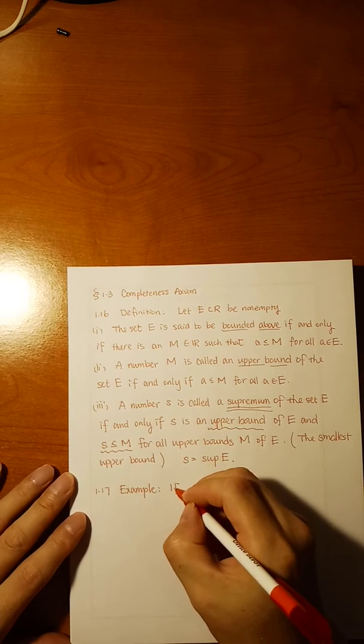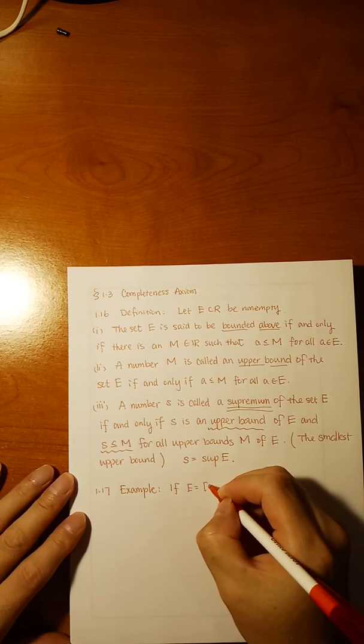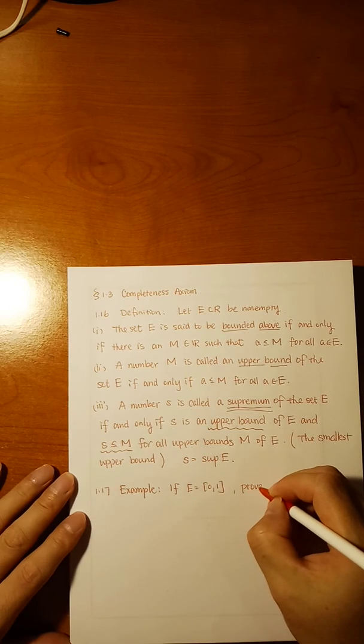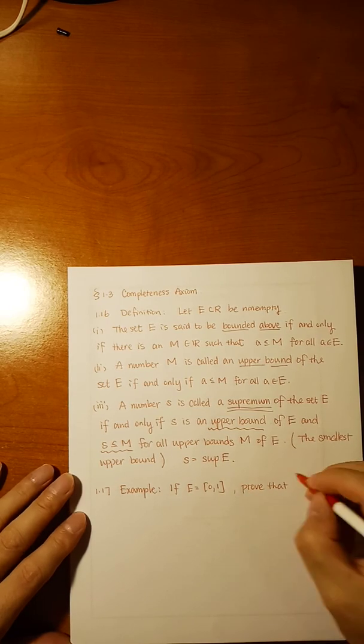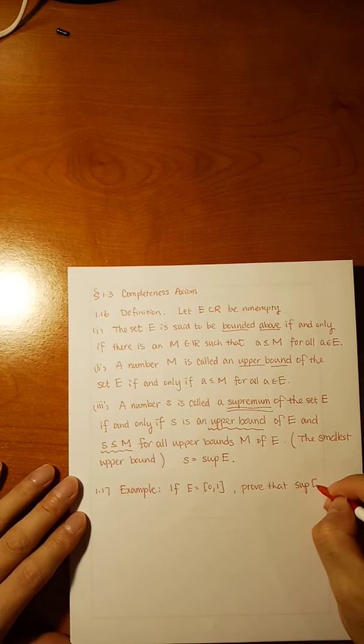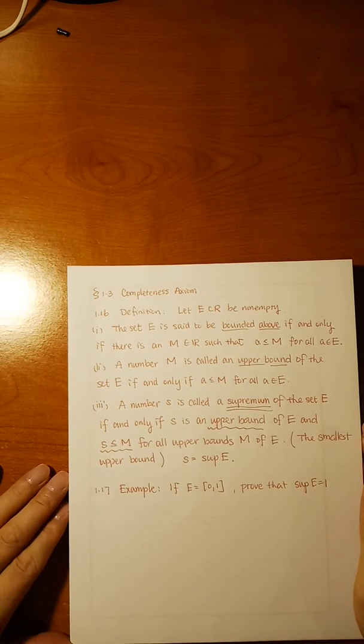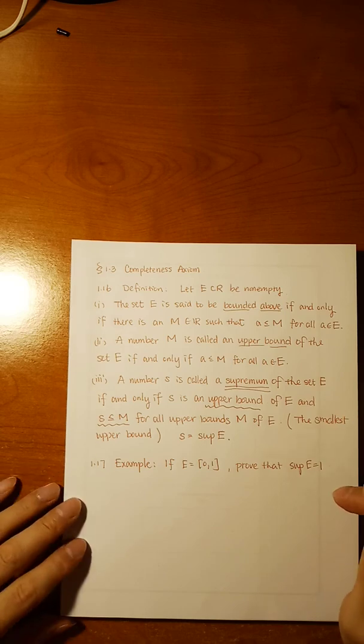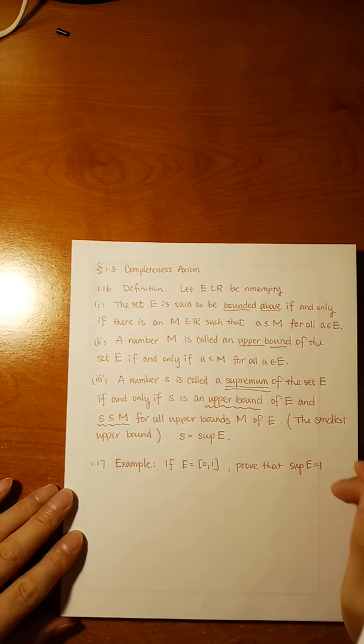So if E is a closed set [0, 1], prove that the supremum of E is equal to 1. Okay, so we're going to show it is an upper bound, it's the smallest one.